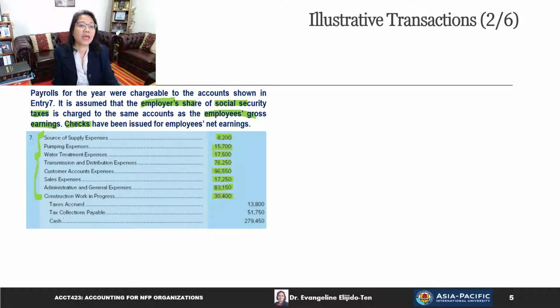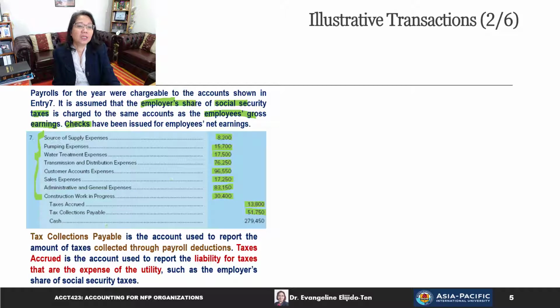If there are no taxes accrued or tax collections payable, the full amount would have been credited to cash. The tax collections payable is the account used to report the amount of taxes collected through payroll deductions. Taxes accrued, on the other hand, is the account used to report the liability for taxes that are the expense of the utility, such as the employer share of Social Security taxes.